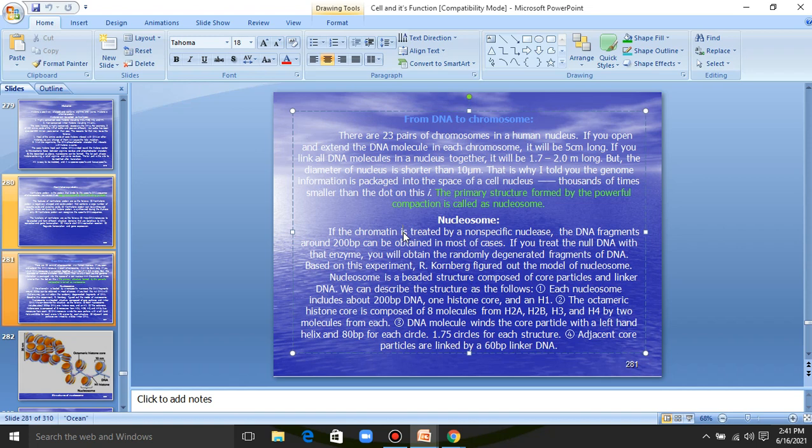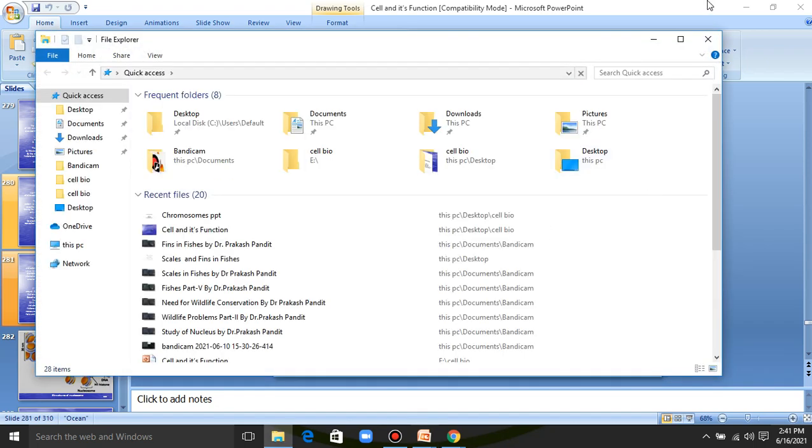One circle takes 80 base pairs, the second circle is only 75%, that is 80 plus 60, 140 up to here. Then another 60 base pairs will be the linker DNA. Probably the next picture will give you more information.